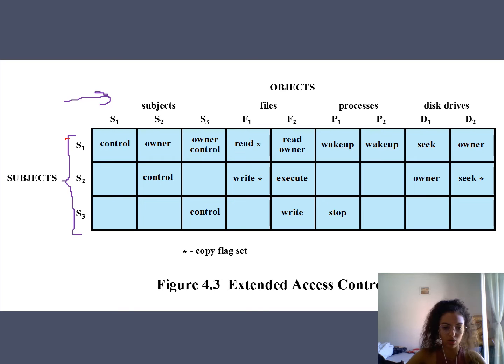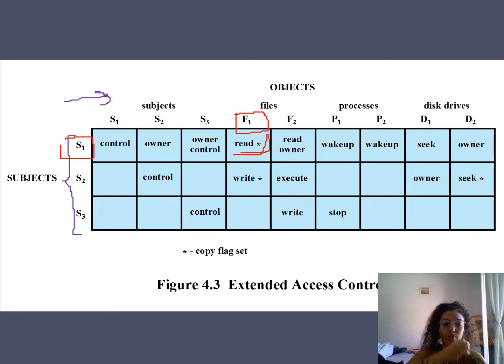Here we have subject 1, and here we have file 1, and as you can see, if you read all the way here, this user can read this file. That's what we do for each relation between object and subject. From a logical or functional point of view, a separate access control model is associated with each type of object, which we will see in the next slide.